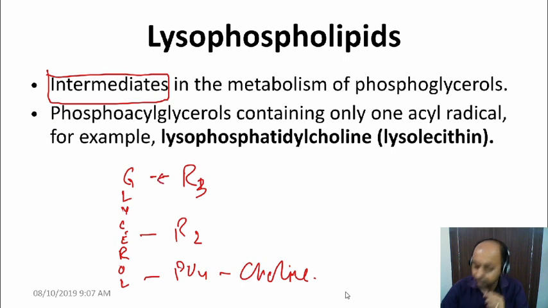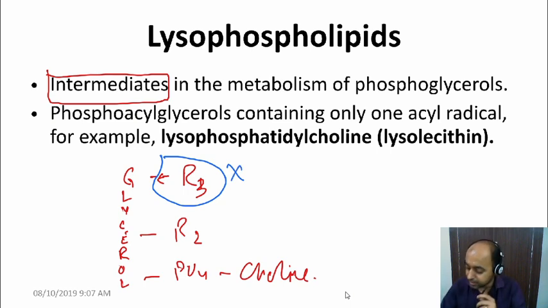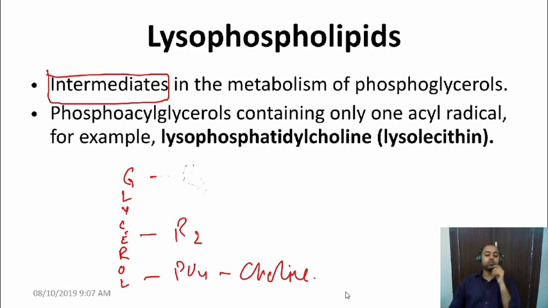Now imagine the situation when R1 has gone out and R3 has not yet come in. This means that this place is empty. So this is what we call the lysophospholipid.